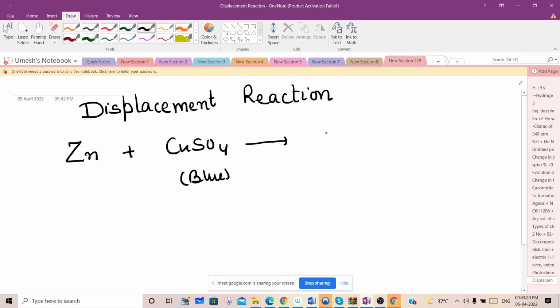And what we've observed, it becomes colorless, and you can see the copper is displaced by the zinc. So zinc is more reactive than copper. So zinc displaces copper from the copper sulfate solution. Such type of reaction in which one element takes the position of the other element in a compound is called a displacement reaction.